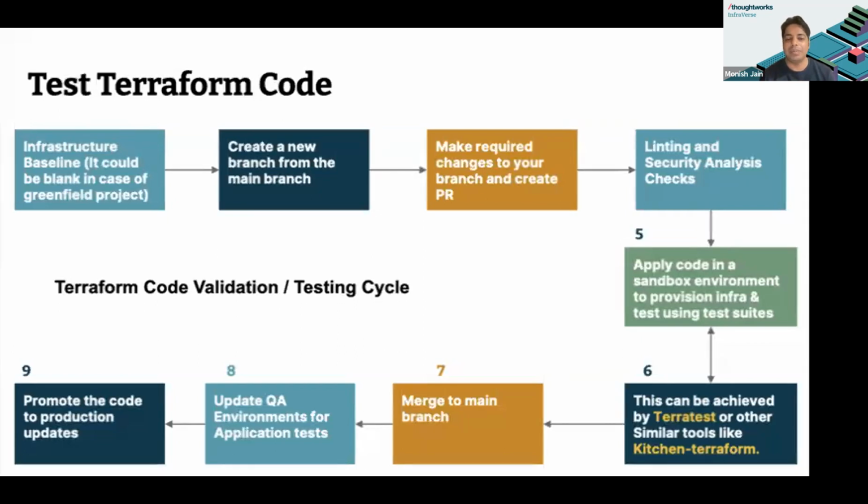And then finally, we merge to the main branch, and then we update it on QA and production environments, and finally it gets promoted. So this is how we can use the whole CI/CD life cycle to test and deploy our code securely and gain confidence in whatever we are deploying.